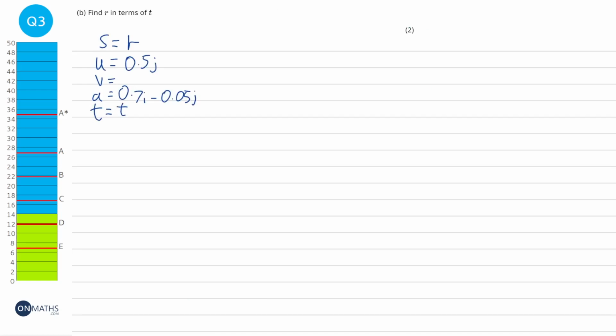So we've got to figure out a formula that links them all, and that will be s equals ut plus half at squared, the complicated one.